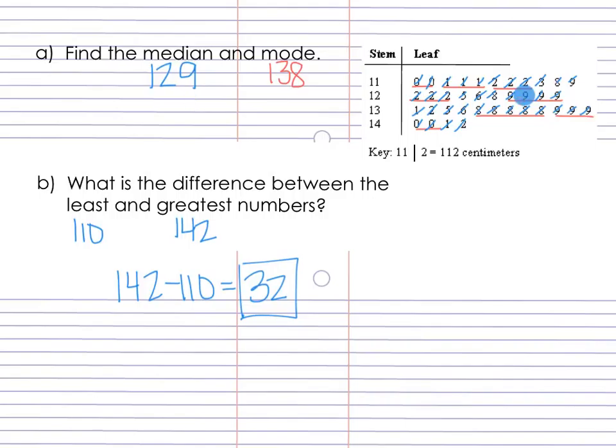My mode, there were lots of numbers that were repeated, but again, you're looking for the one that happens the most, and the 8 is the only one that occurs 5 times, all in one setting here. So I put that 13 and the 8 together to get 138. And then the difference between the biggest and the smallest, my smallest is 110, biggest is 142. Subtracting them, you end up with 32.